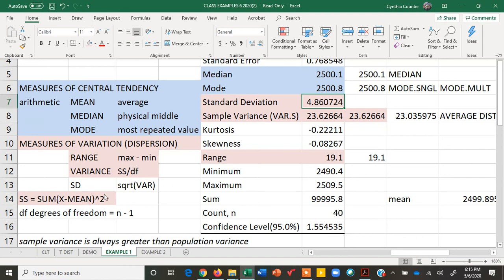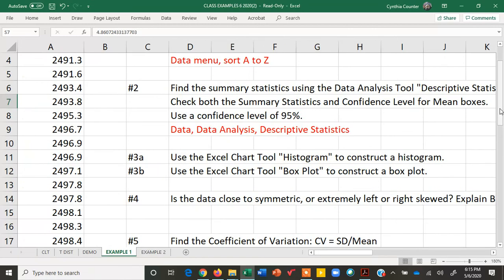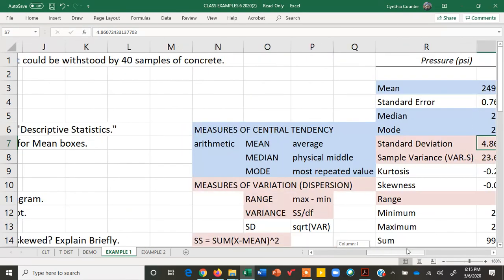That means once you square, you're not in the original units anymore. You're in squared units. For example, here we're doing everything in PSI, pounds per square inch, but now we have a variance that's in pounds per square inch, quantity squared. What does that mean? It's like apples and oranges. It's not good to compare.